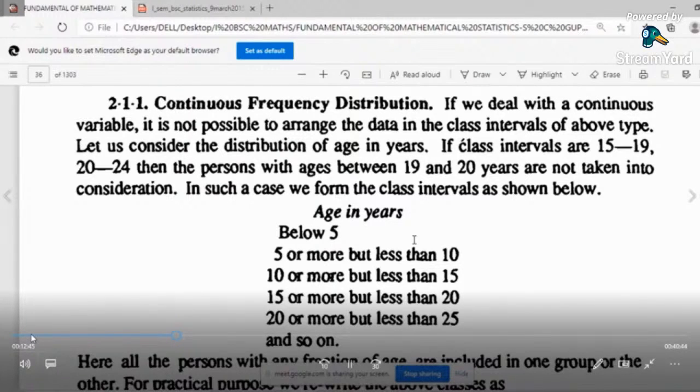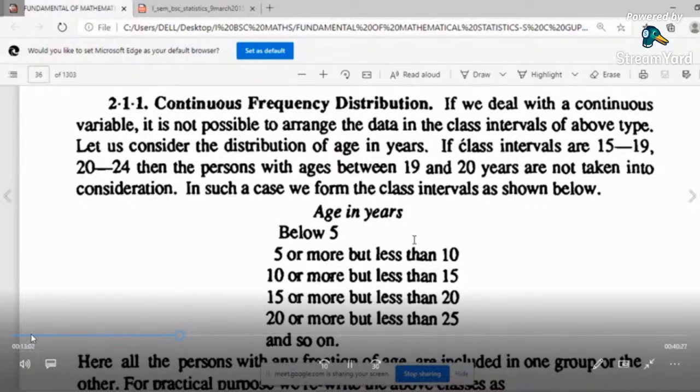A typical example is below 5. We can consider the first class as below 5, another class as 5 or more but less than 10, that is 5 less than or equal to age less than 10.